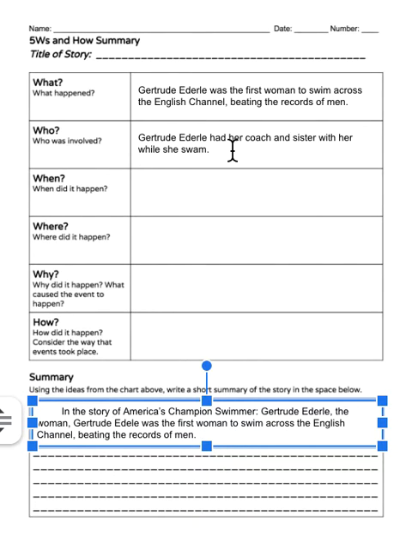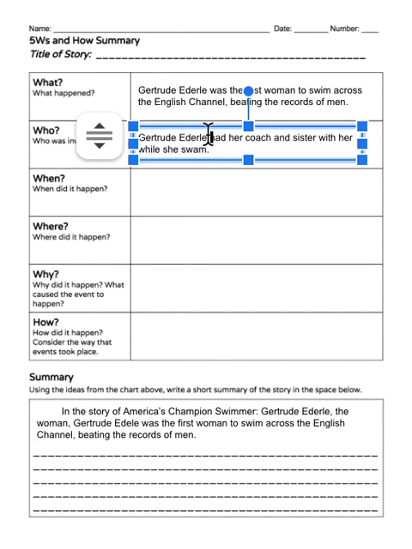Now I'm going to go on to my second sentence. I don't really want to use the name Gertrude Ederle again because that would be poor word choice. I already have her name in there twice. So I am going to think of a different word for her name. Can you think of a different word that we can use for a person's name when we are writing?